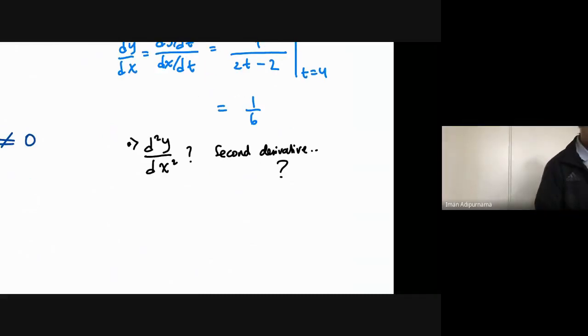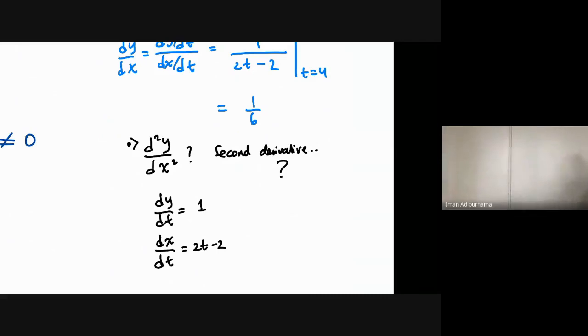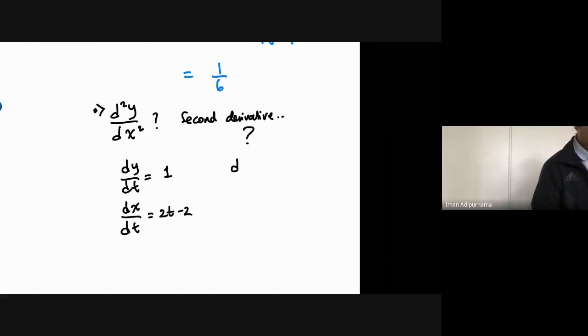Let me help you write. This is 1, right? So what is the second derivative, d squared y? Can you correct me? Is this correct or not?